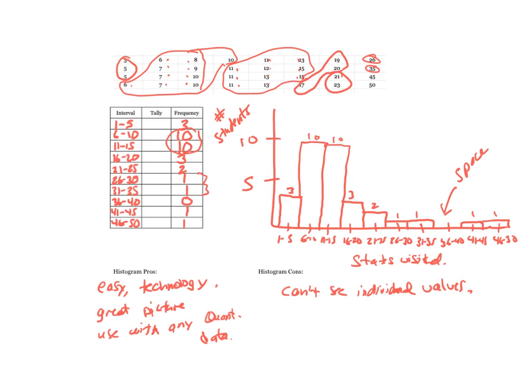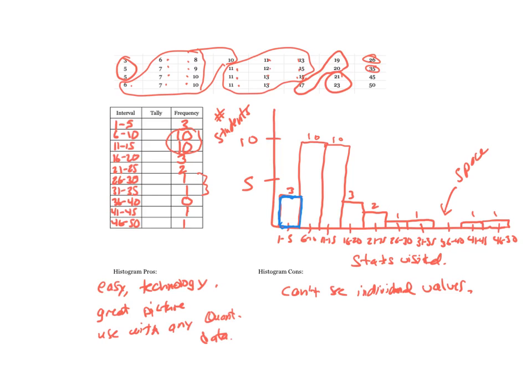Here, you can't see the individual values once the graph has been made. Like in this first rectangle that I'm now outlining in blue, I know that there's 3 pieces of data in there, but I don't know what they are by looking at the graph. They could be 3 1s, they could be 3 3s, they could be 3 5s. In our case, it was a 3 and 2 5s, but we can't see that detail in a histogram.